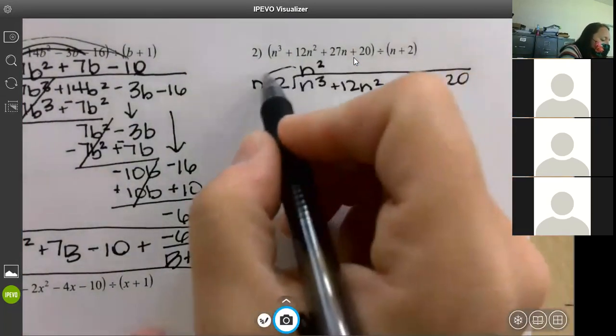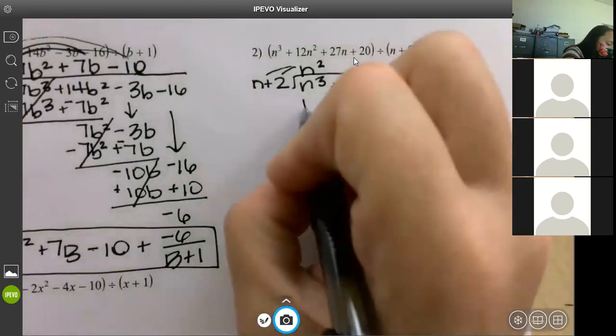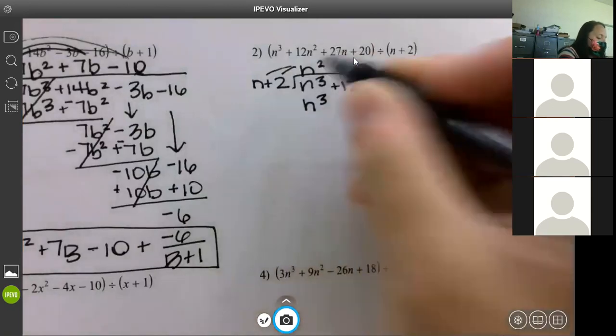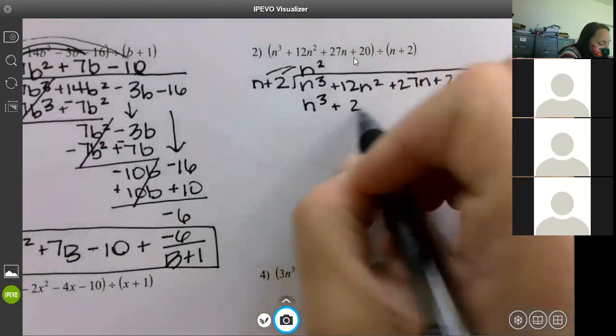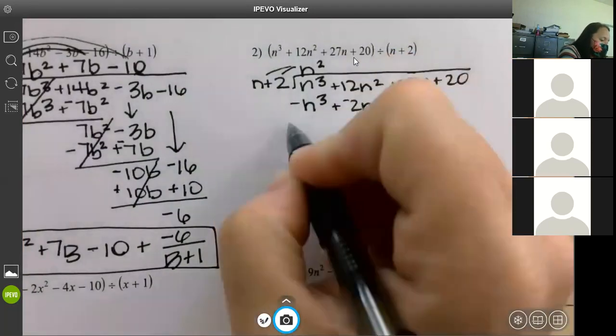Distribute. What is n squared times n? 2 times n squared. 2n squared. Somebody else, what do I do next? Change the signs, great job.